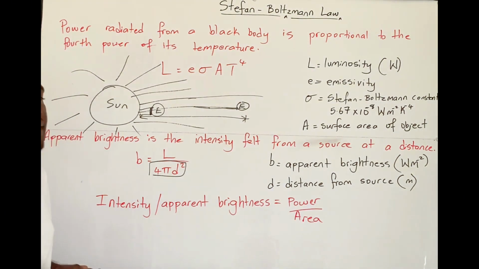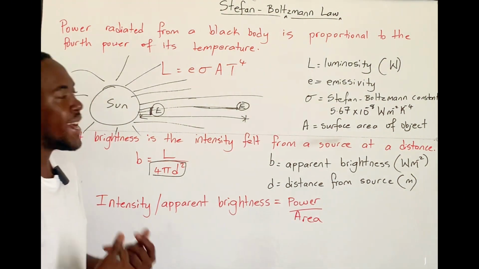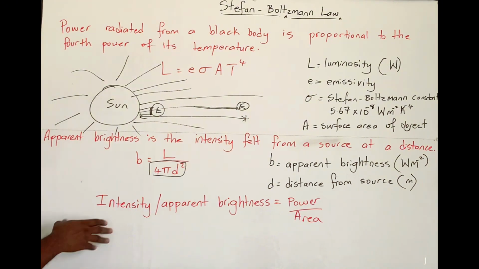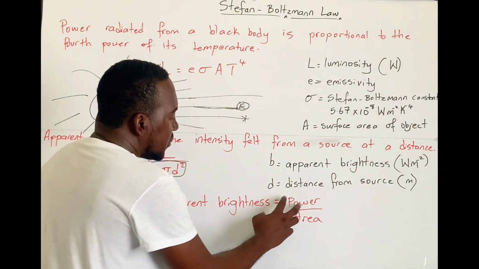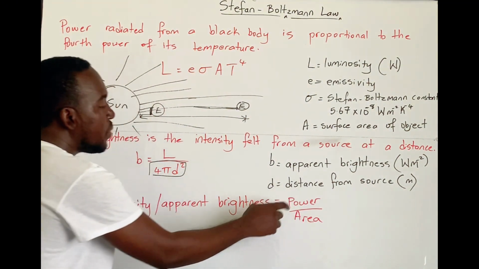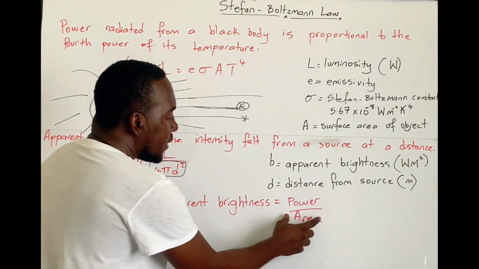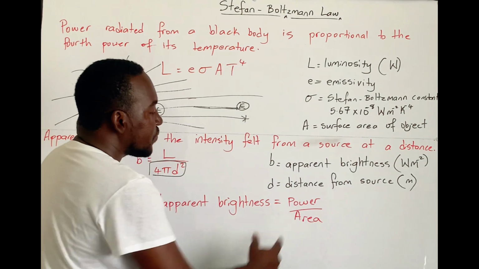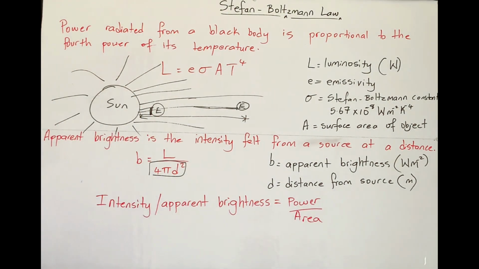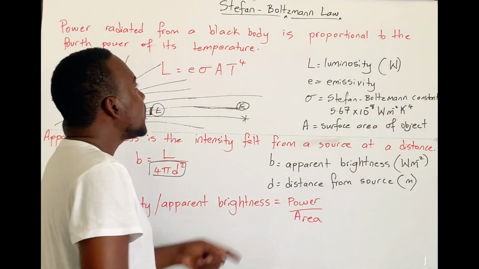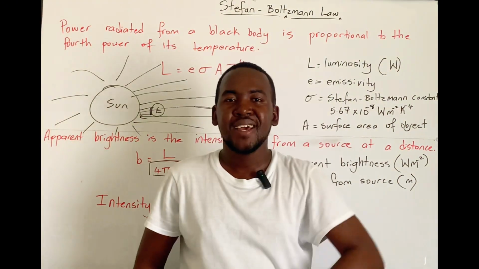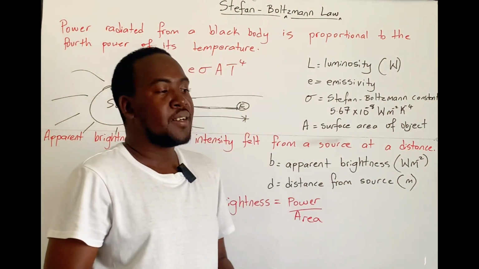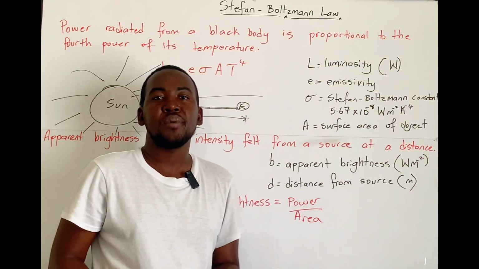It is the intensity that is being felt at a distance. And therefore, intensity overall can be summarized by the power divided by the area. This is the power of the source over the area that it is acting on. And that's how the principle of the Stefan-Boltzmann law is used in talking about black body objects.